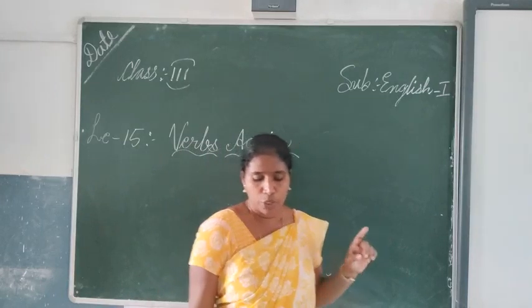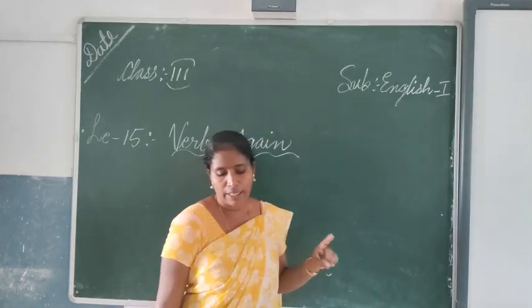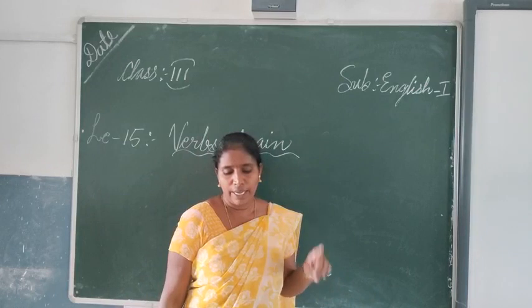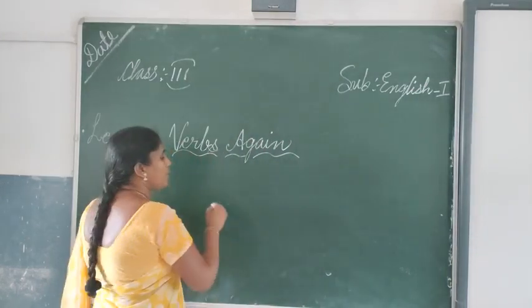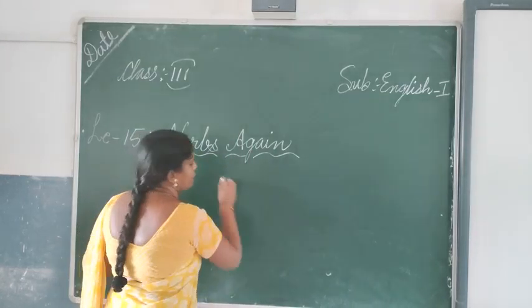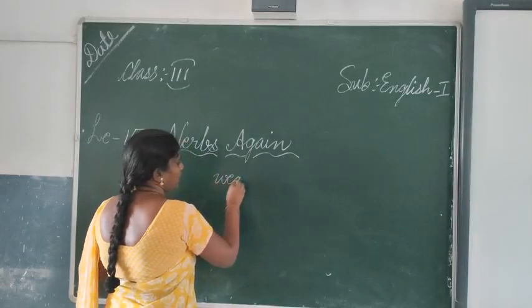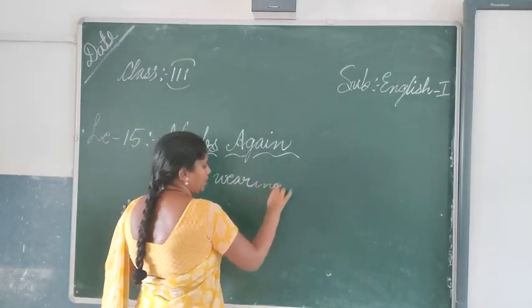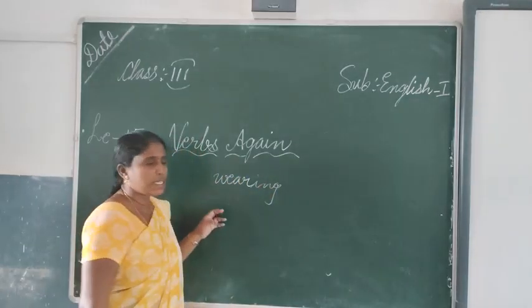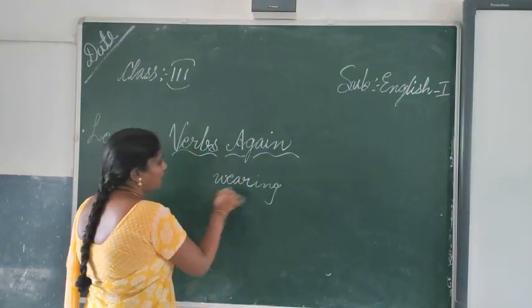Exercise number 2. Drop the e at the end of the word and add ing. So now what we have seen is without dropping anything. Suppose where is it? W-A-R. Without dropping any letter, we continue with ing. But now we have to drop the last e.